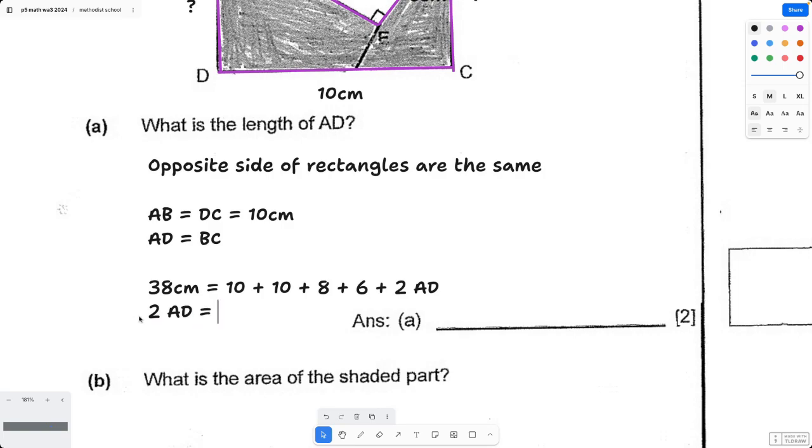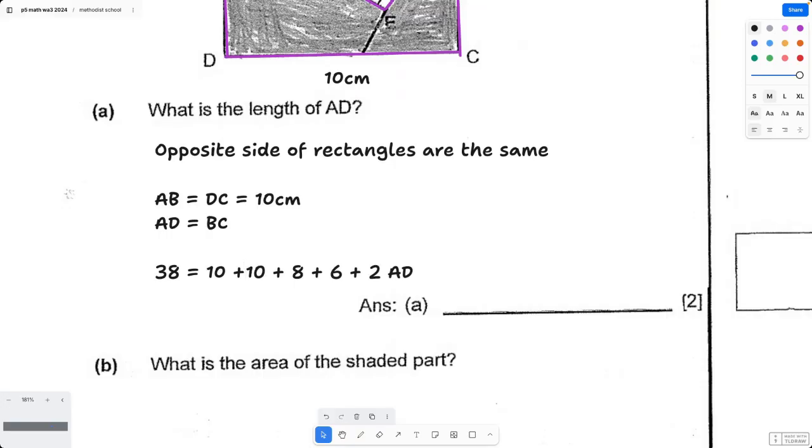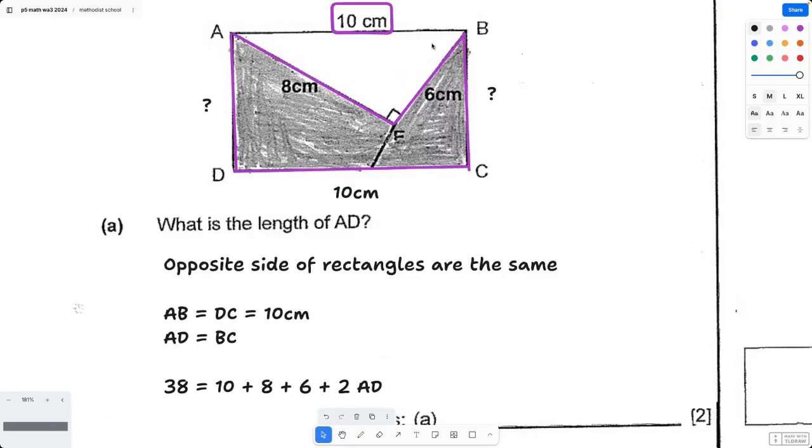So I'm just going to calculate everything here first. 38 centimeters, 10, 10, 28, and 34. Right, 28 plus 6, 34. Correct. So that means in this case over here, 38 minus... Oh no, it's not minus 10, because we only include one 10 over here, right?